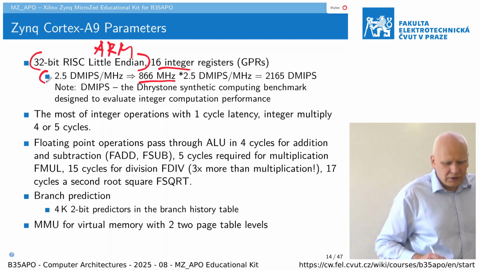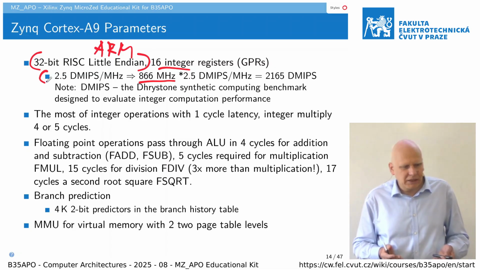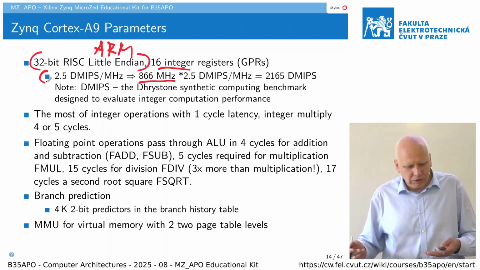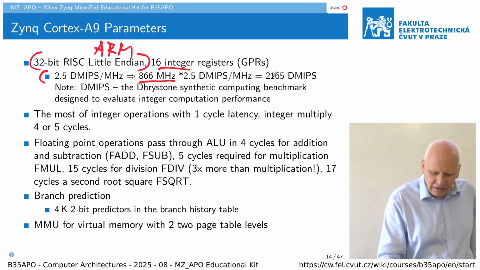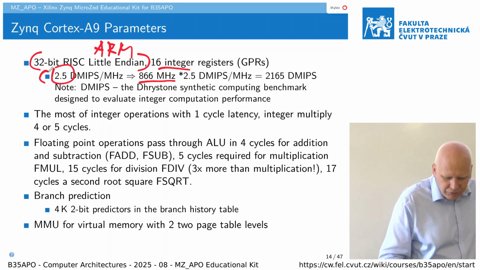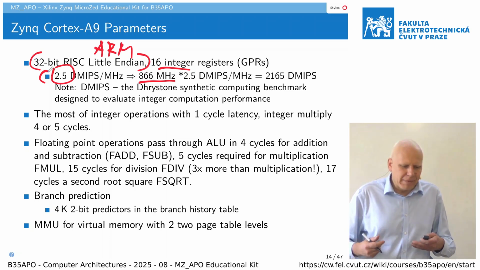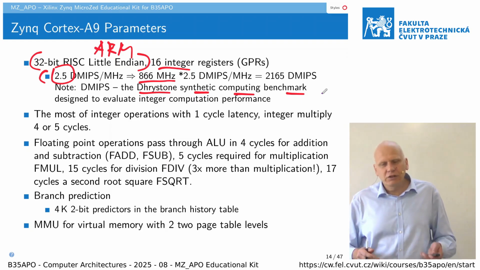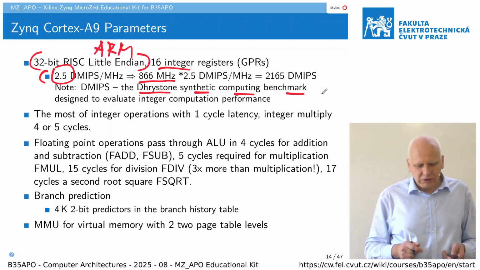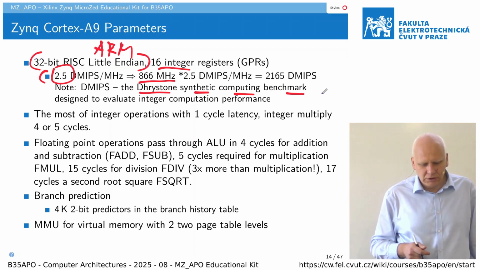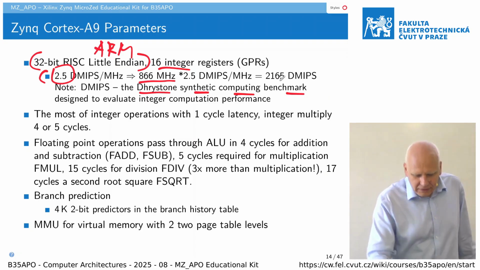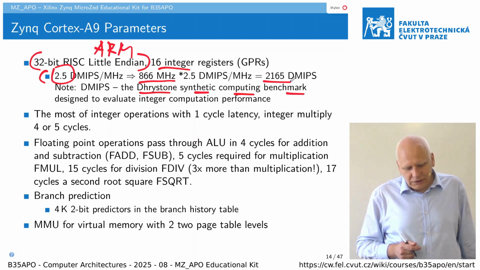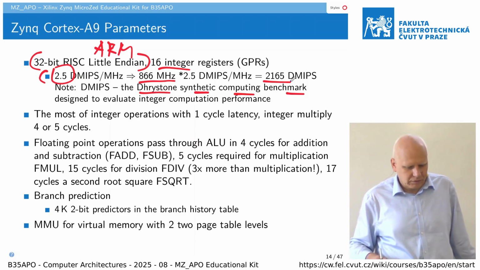Then thanks to the ability to decode two instructions in parallel and to combine an addition together with a following multiplication and so on, it can achieve up to 2.5 DMIPS, which is the Dhrystone synthetic benchmark for the integer processing capabilities of the processor. And at the end, we get something like the equivalent of 2,000 mega instructions per second, plus minus.